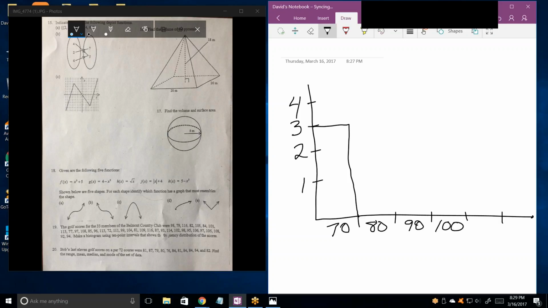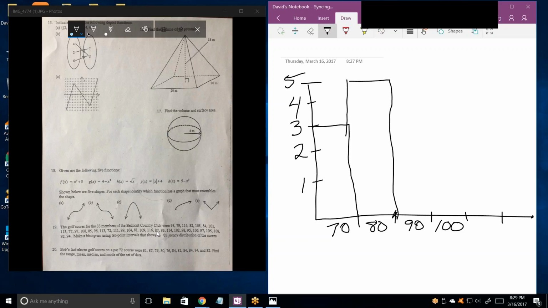How many in the 80s? 1, 2, 3, 4, 5. I get 5. Okay, so that one goes up to 5. So that bar, still 10 points wide. In other words, this covers all scores in the 80s, and there were 5 of them.